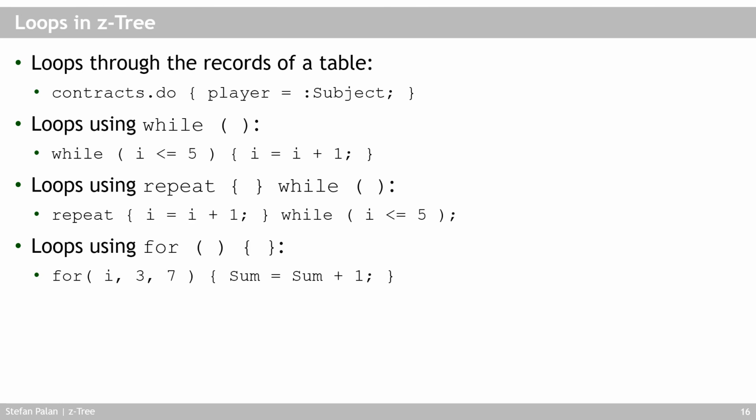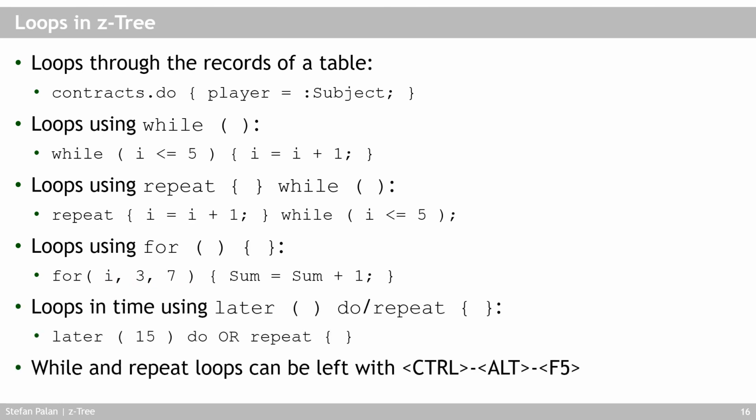Typical for loop. So if you just say for I, 3, it would run, I would be set to 1, 2, and 3, and each time this would be executed and then set tree would go on. Check out the manual for the exact syntax. There are even more options available.